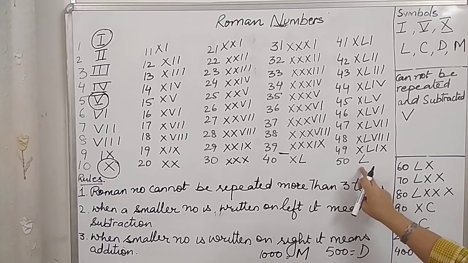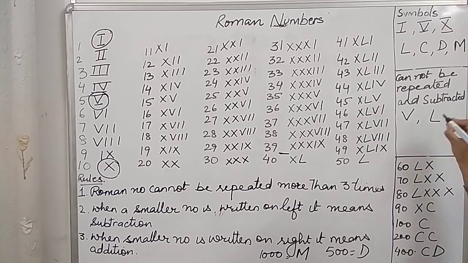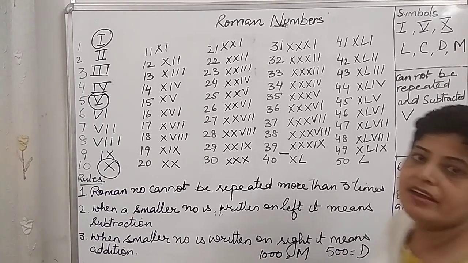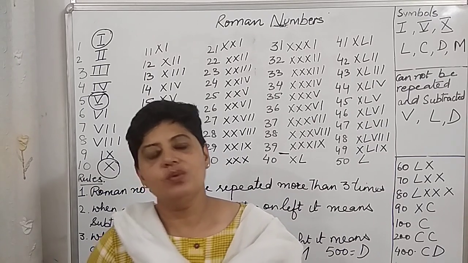It means L cannot be repeated. 500 plus 500 makes 1000, but here we have used another symbol for 1000. It means D cannot be repeated. So, now you can try writing counting up to 100.